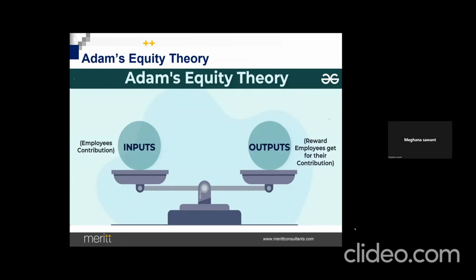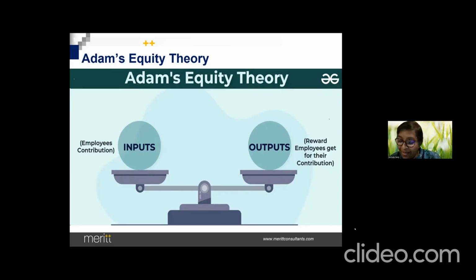Because of the results that have been given by me, and if I compare it with somebody else, I know that I am paid better than that, equivalent to my result. So I will only use that word, compare. Yes, that's the most important word. I will know input is equal to output only when I compare.